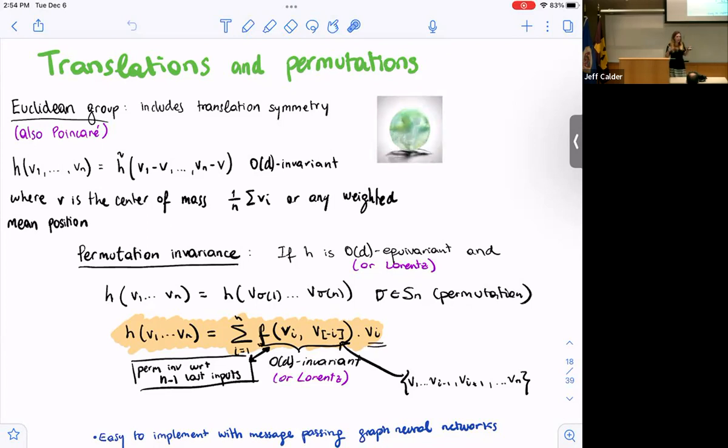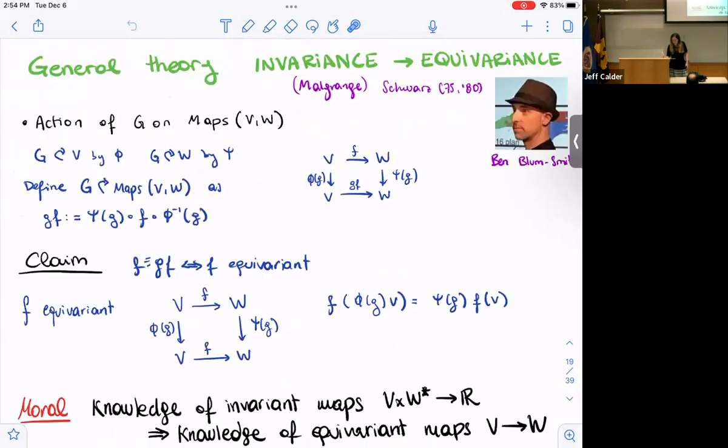This function can be expressed as some form of message passing. The coefficient function is the same for all the functions that show up in this linear combination, but it is a function of the thing that is multiplying and everything else. So you can write it as message passing.